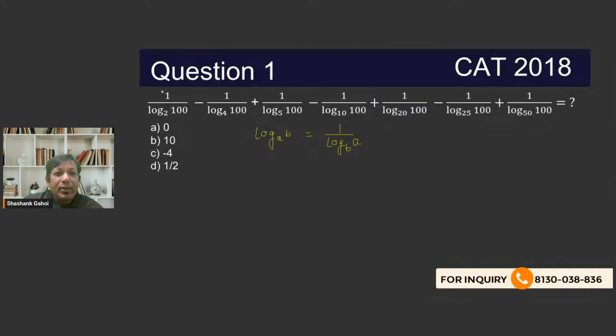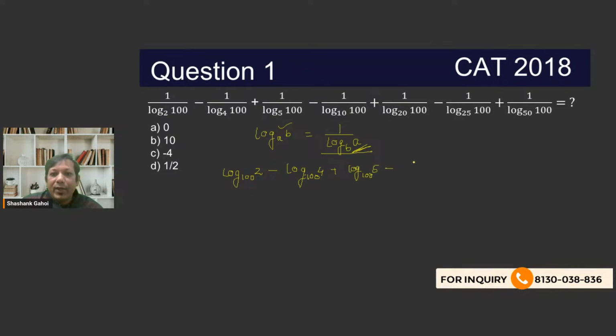Now everything is in this format, so I'm going to take the reciprocal and write it in this format, and these two values are going to interchange. So my first statement is going to be log 2 base 100, minus log 4 base 100, plus log 5 base 100.